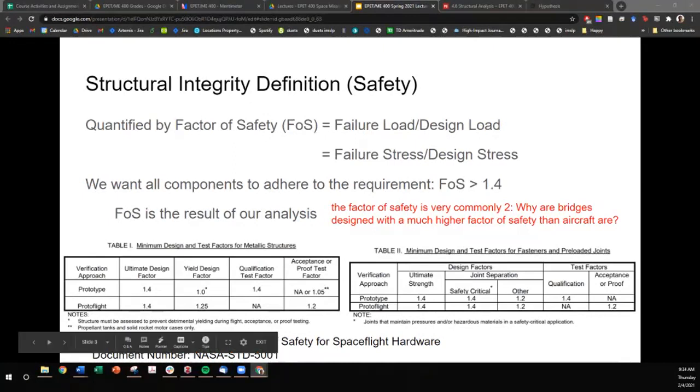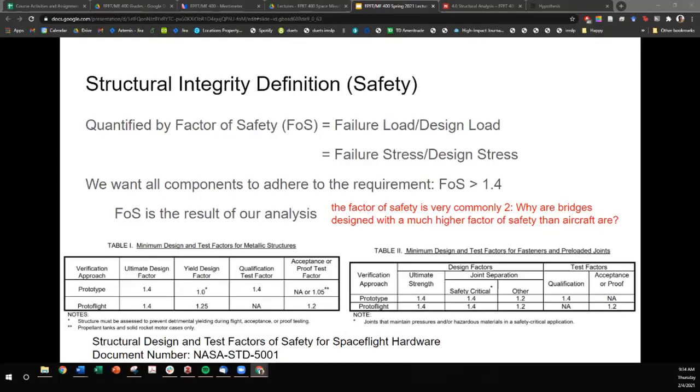So I took these tables from NASA's standard document for defining design and test factors of safety. So you'll see for metallic structures, there is an ultimate design factor of 1.4 and a yield design factor of 1. And then for fasteners and preloaded joints, it's a little different.